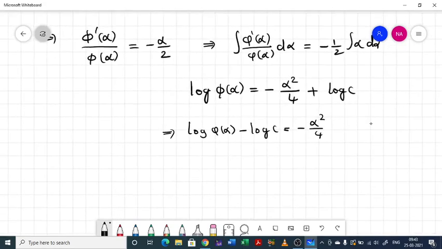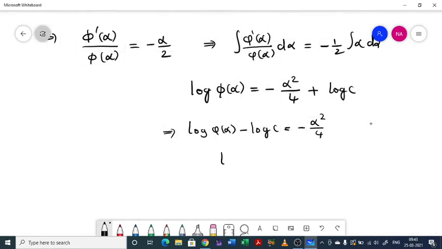On the left hand side, log a minus log b can be written as log of phi of alpha by c equal to minus alpha square by 4, that is, phi of alpha by c equals e power minus alpha square by 4. So phi of alpha will be c into e power minus alpha square by 4.